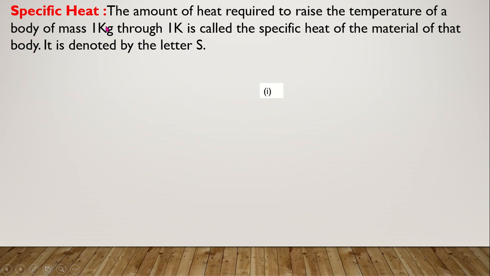In case of heat capacity, we don't talk about any mass. Heat capacity is of any mass, but here we declare the mass should be 1 kg. So the amount of heat required to raise the temperature of a body of mass 1 kg by 1 Kelvin is called the specific heat of the material of that body. It is denoted by the letter S.